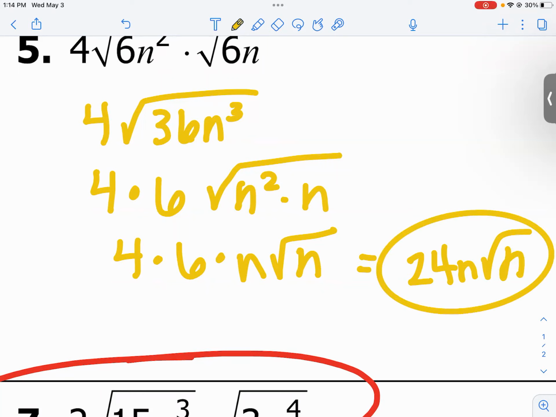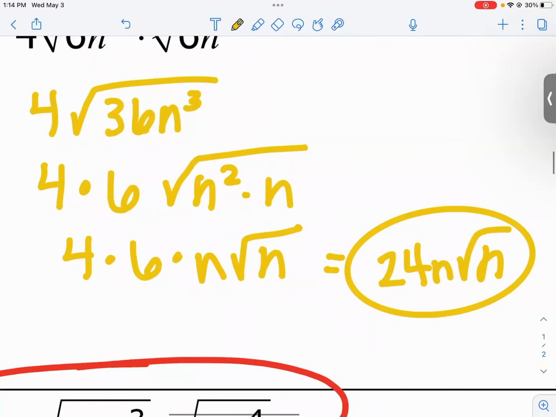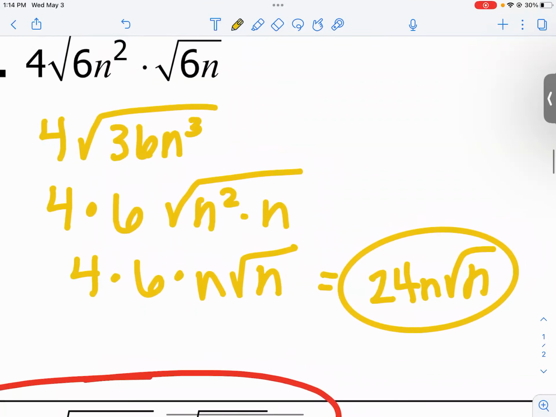Yes, Estelle. Even though it's like, why did the other 6 stay inside the radical? Isn't it like 36, 6 times 6? Right. Where'd the other one go? So they come out like they're a pair inside and they come out as one.